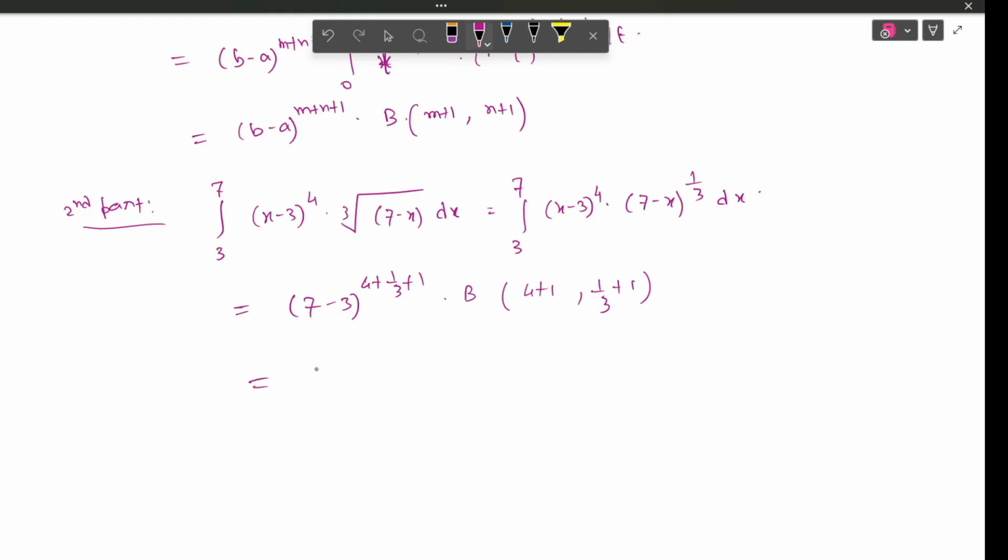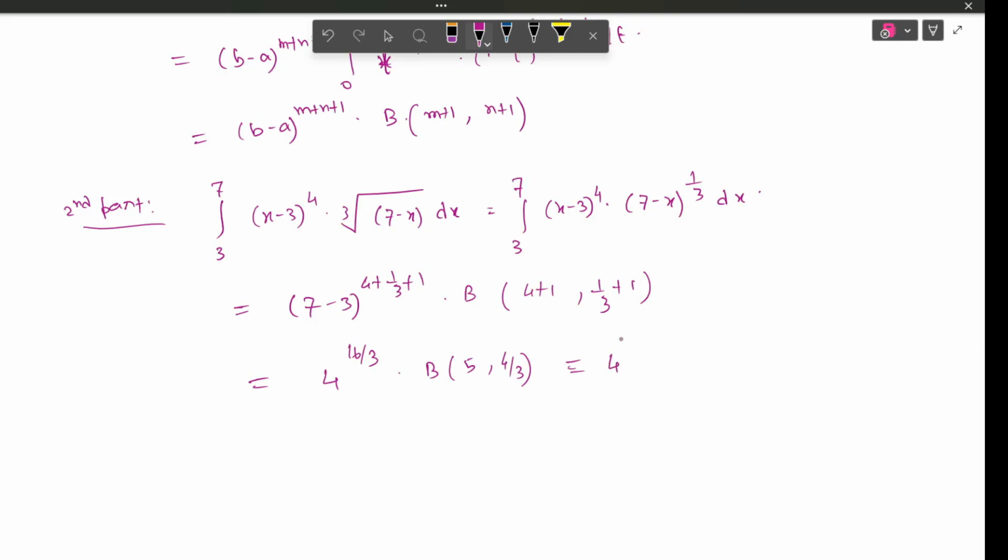Okay. So this should be 4 to the power 16 by 3, and this should be beta of 5 comma 4 by 3. Now we know the relation between beta and gamma. So if you convert this into gamma, it will be easy to evaluate.